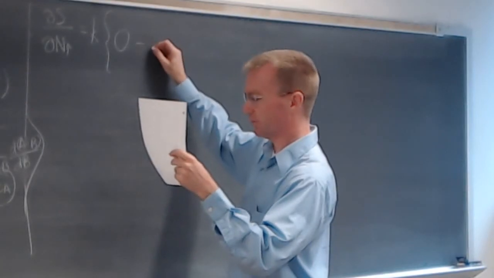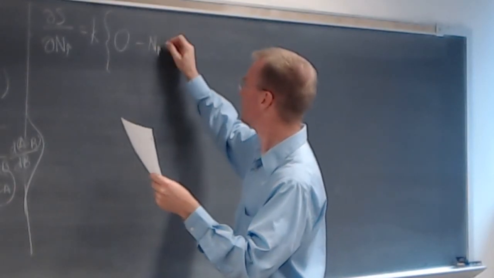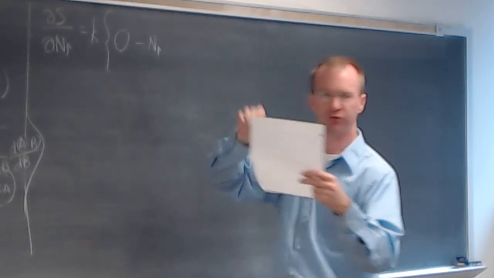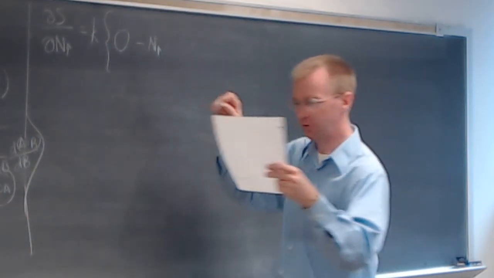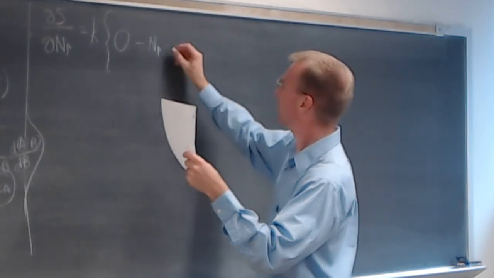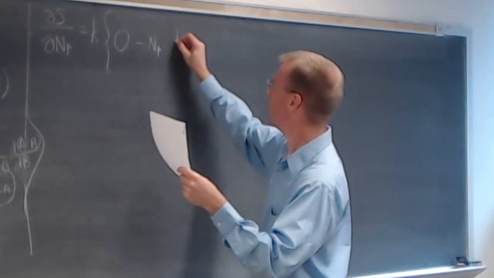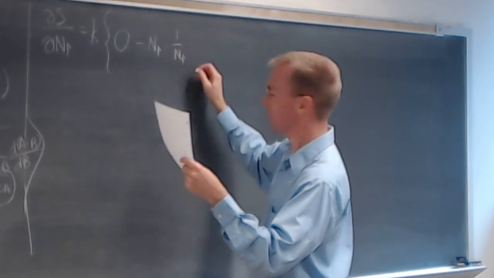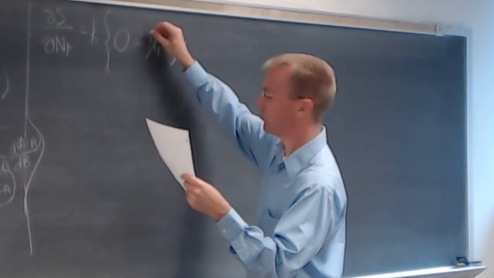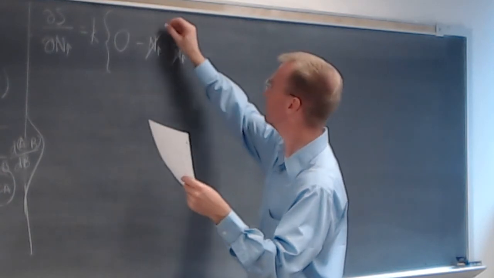So negative, we've got n up times the derivative of the second, plus the second times the derivative of the first. Derivative of the second term is 1 over n up. Oh, that's convenient. This term becomes 1.